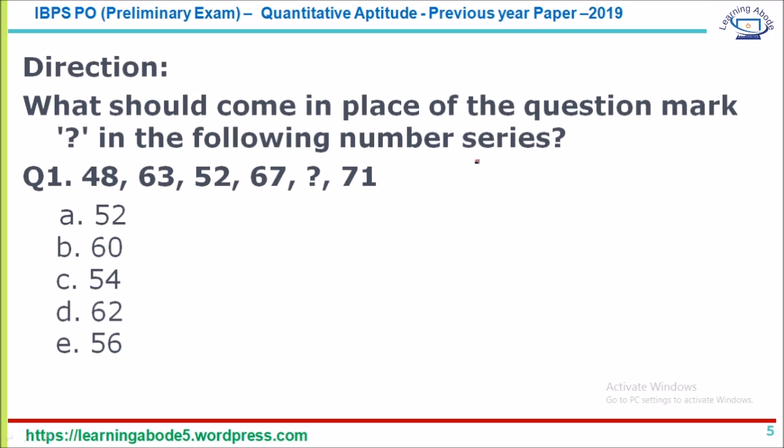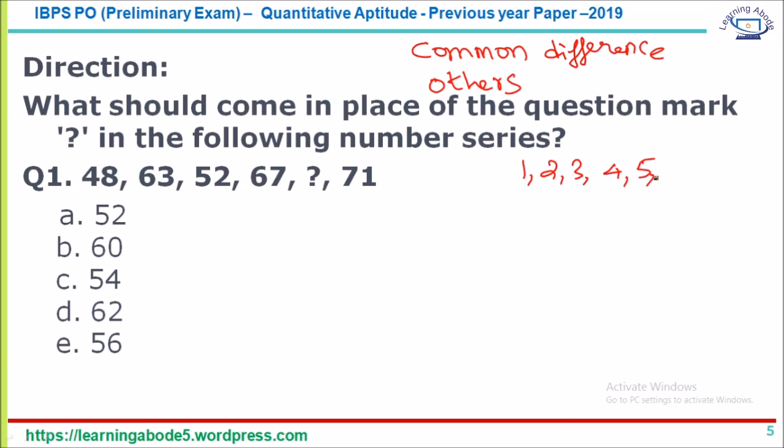As far as number series is concerned, as you might be already aware, you can get questions either based on common difference, or anything other than common difference. When I say common difference, let me take a series like this, which is a natural number series, or I can say this is a series in arithmetic progression where the common difference is 1.